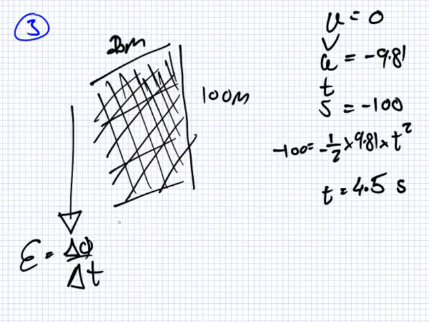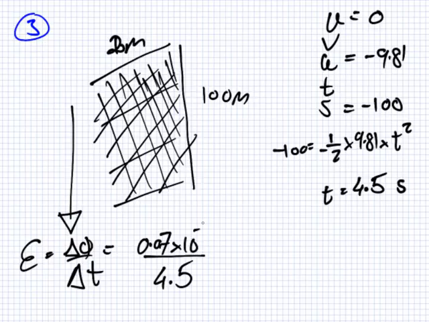So in your face, KJ. That's what you wrote there. No, I didn't. There's a 2 there. Right, so it's going to be 4.5 here. The B doesn't change, it's 0.07 times 10 to the minus 3, but the area is the thing that changes. So we go from having no area swept out at the start to having 200 meters squared swept out at the end.